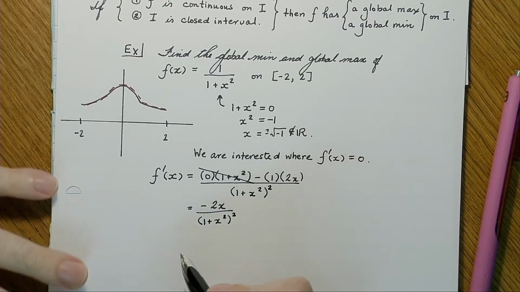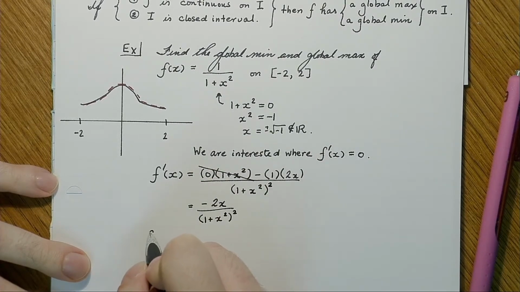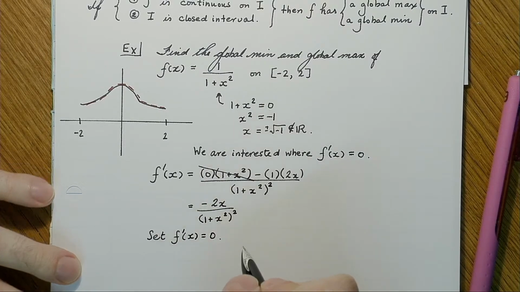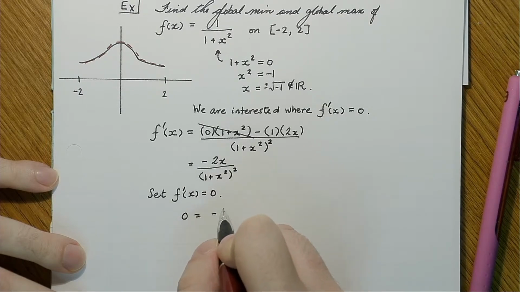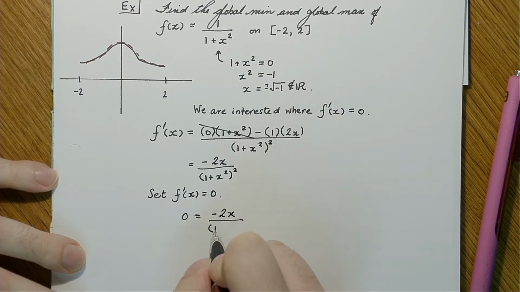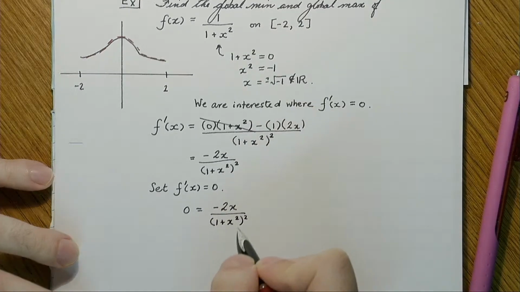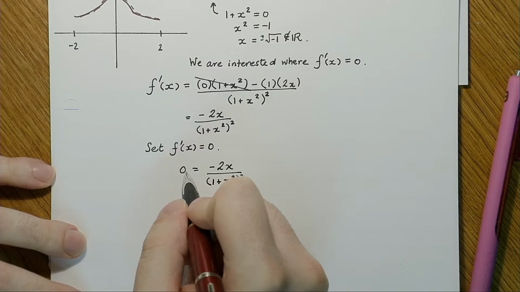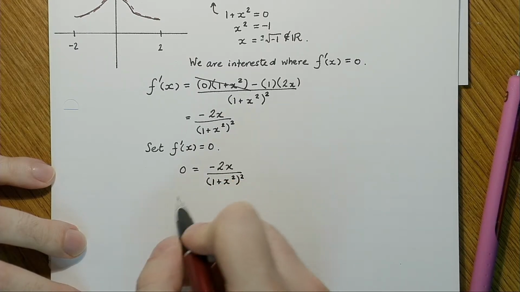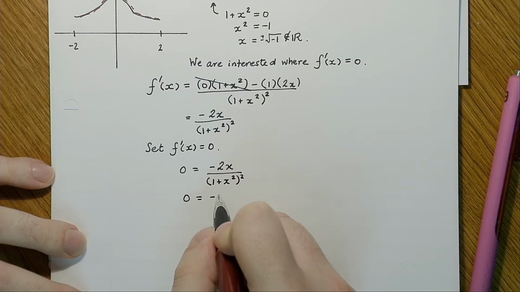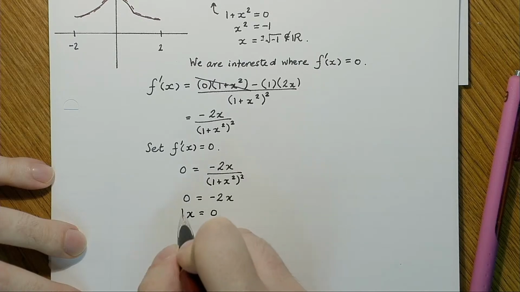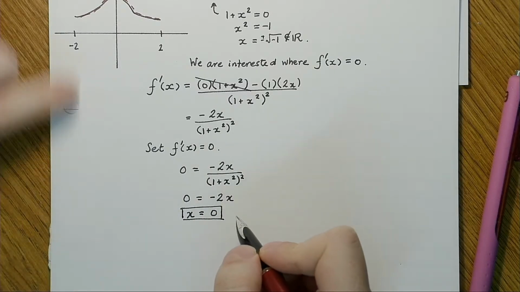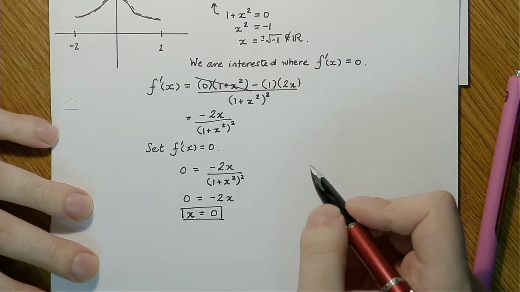And then I'm going to set that to 0. So setting that to 0, I can bring that over to the right hand side, so 0 times that leaves me with 0 on the left hand side, and I'm left with x equals 0, which is what I expected because that's kind of what my intuition was.